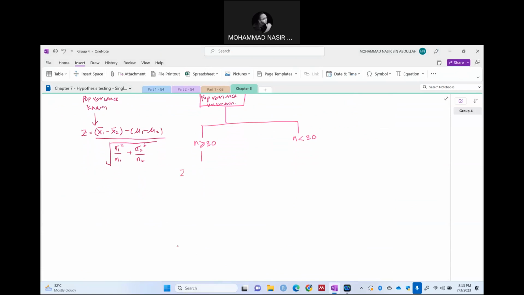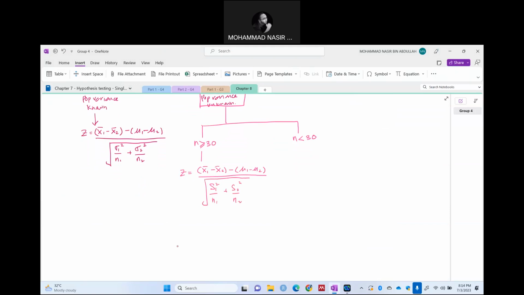So this one is Z equal to x bar 1 minus x bar 2 minus (mu 1 minus mu 2) divided by S1 square divided by n1 plus S2 square divided by n2. This one we take a square root.